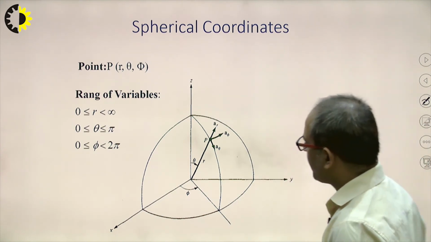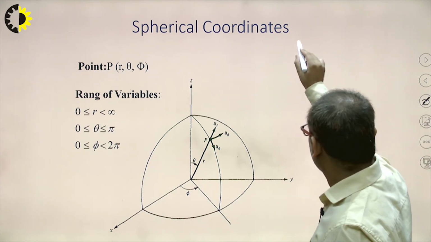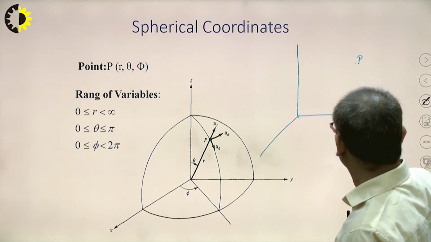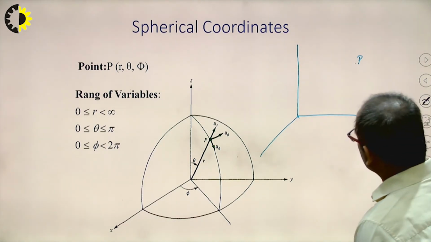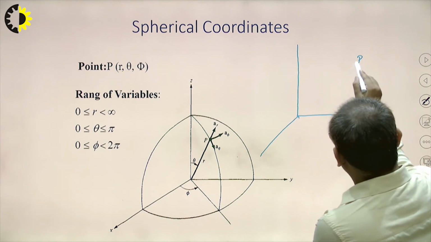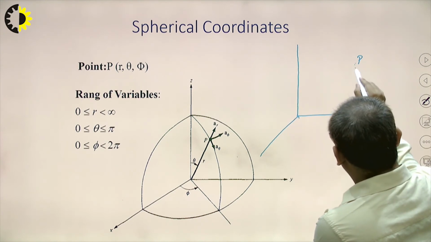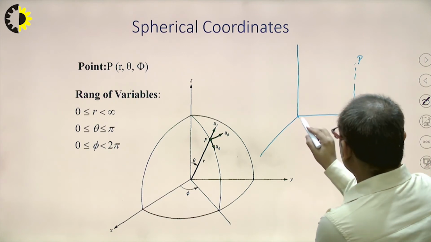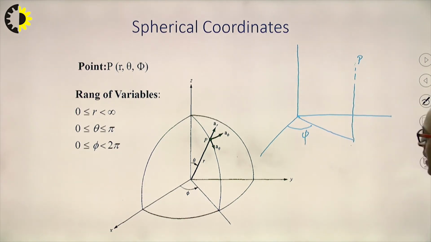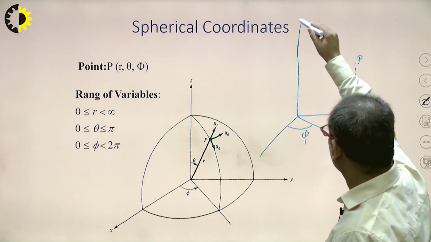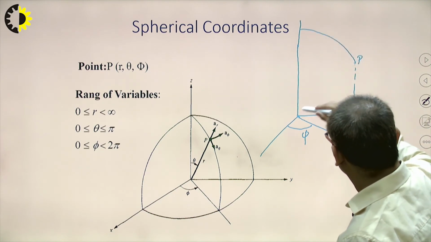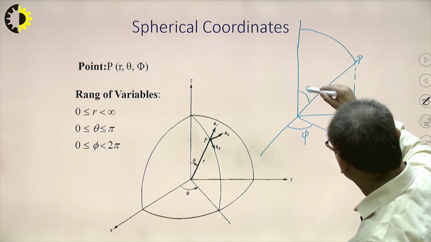Now similarly, I want to reach point P, and another method to reach point P will be what? Take a projection of this point P in the xy plane, you will get phi, and then take an angle from this point, you will get theta.